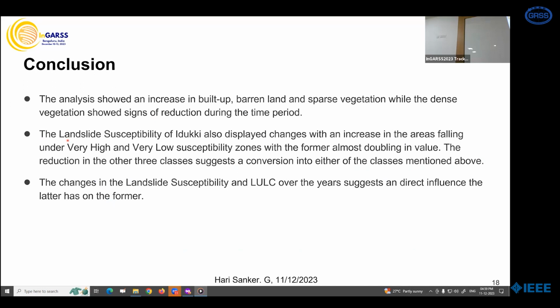The reduction in the other three classes suggests a conversion into either of the classes mentioned above. So the changes in landslide susceptibility over the years suggest the need to investigate any direct influence the data has in more detail in the future, as it may support the implementation of landslide early warning systems.